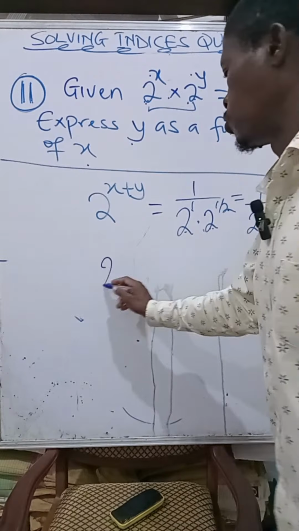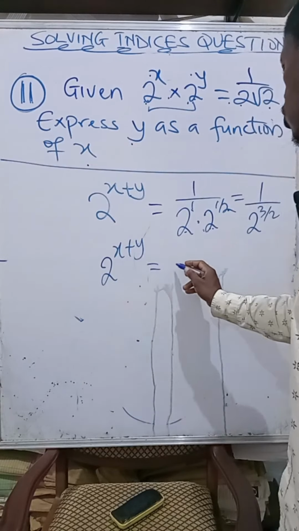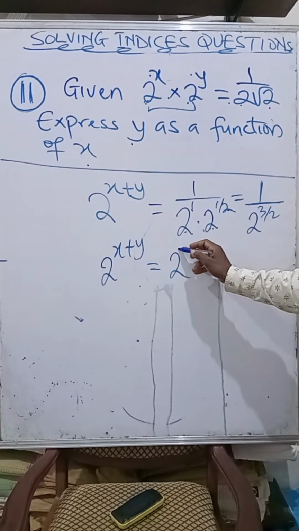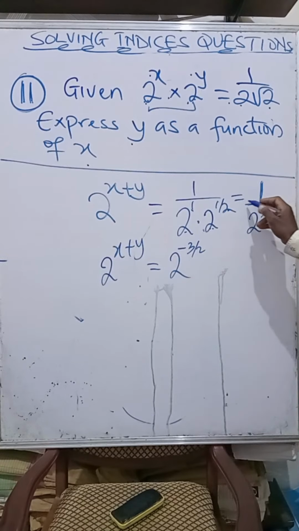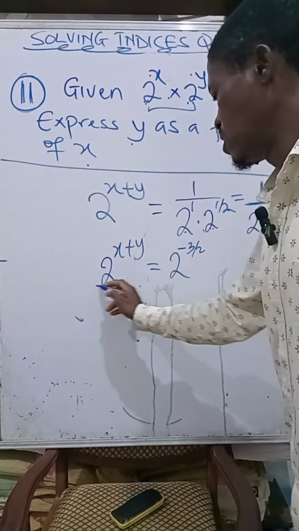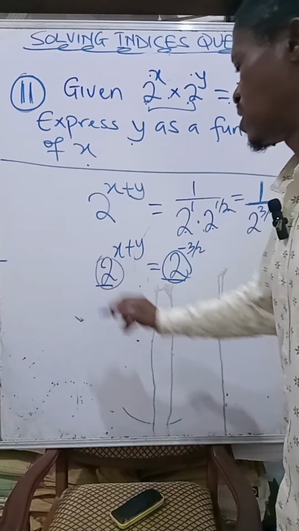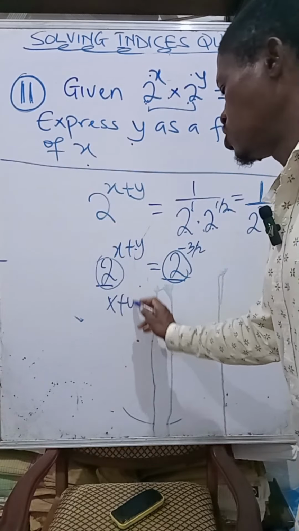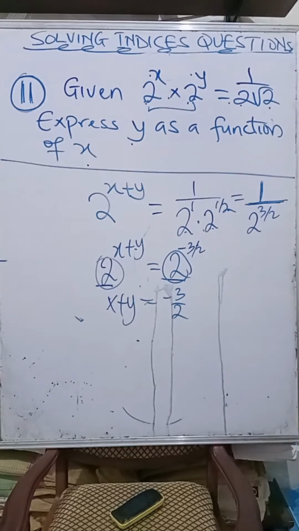And that will be 2 to the power x plus y equal to 2 to the power minus 3 over 2. So this 1 over, remove it, and that will become minus. When the bases are the same, automatically the powers will be equal to each other.